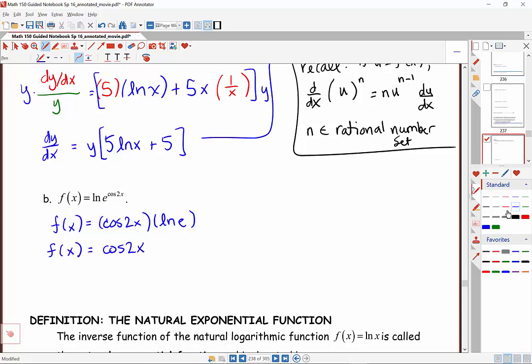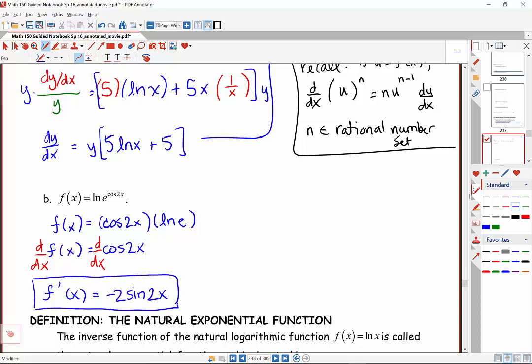So you just get cosine of 2x. And if you differentiate with respect to x on both sides, you'll have f prime of x is equal to, perfect, negative 2 times sine of 2x from our old rules. All right?